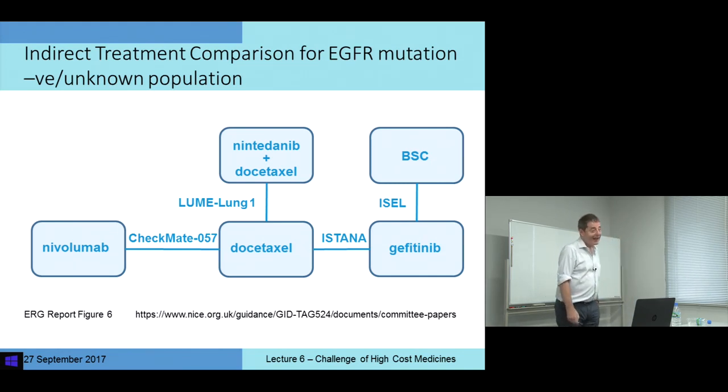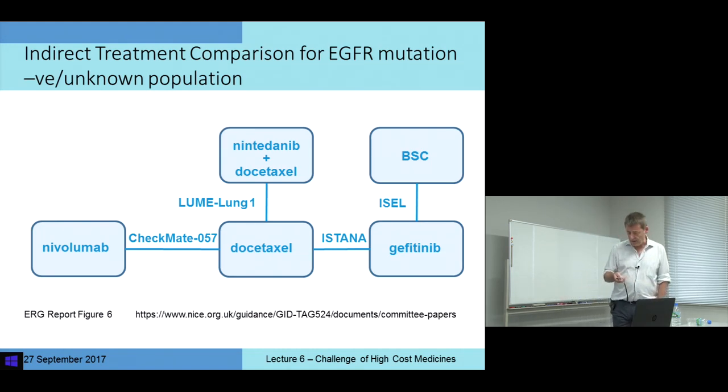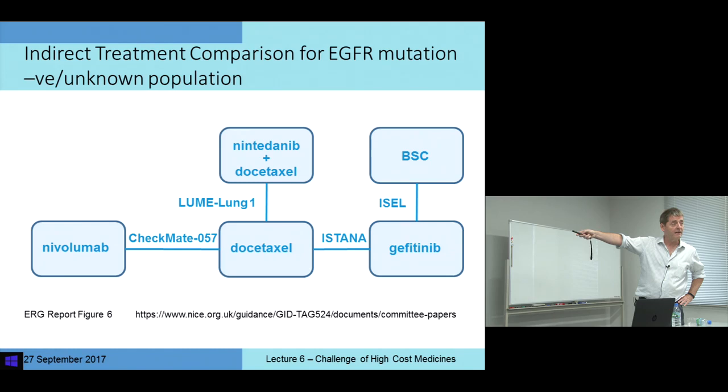And then, is it finally over? No, probably not. Indirect treatment comparison. So this was a case of nivolumab, and we wanted to see a comparison of nivolumab against nintedanib and docetaxel, and possibly nivolumab against best supportive care.